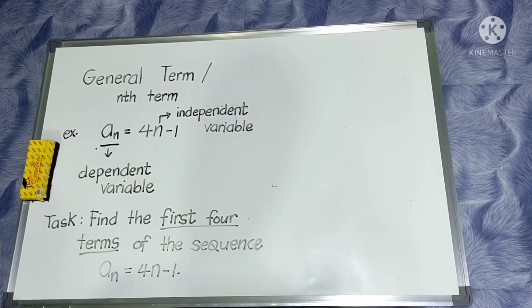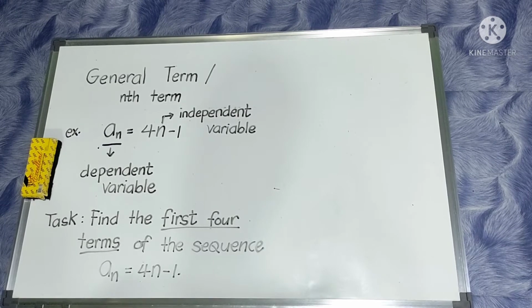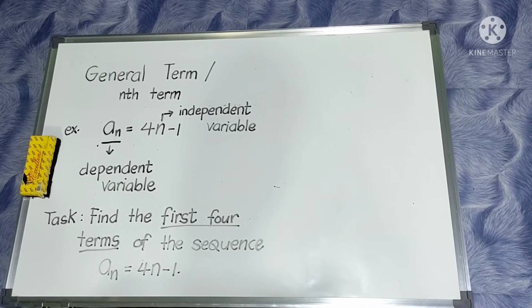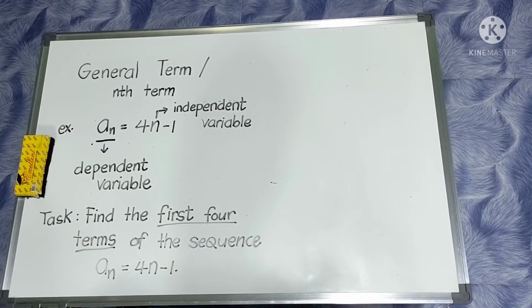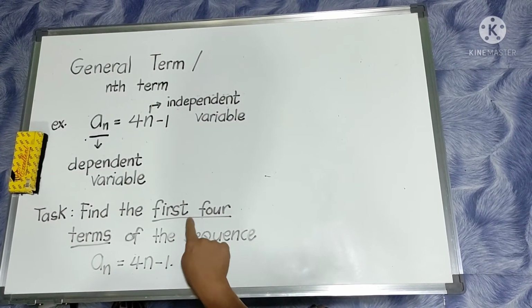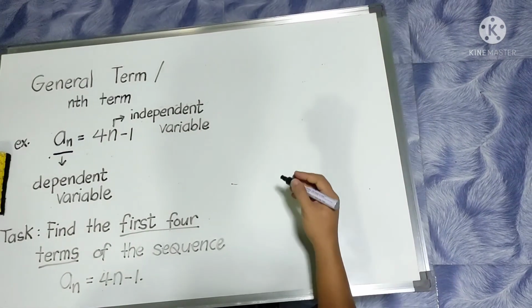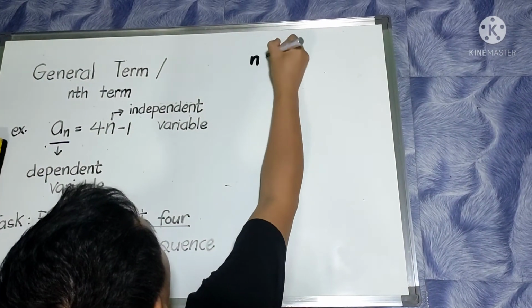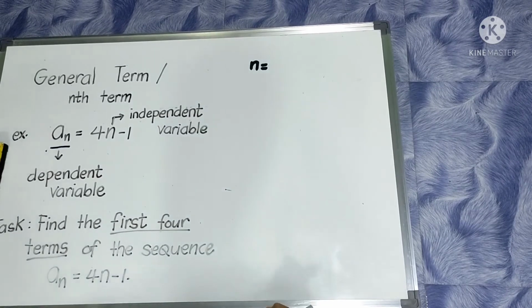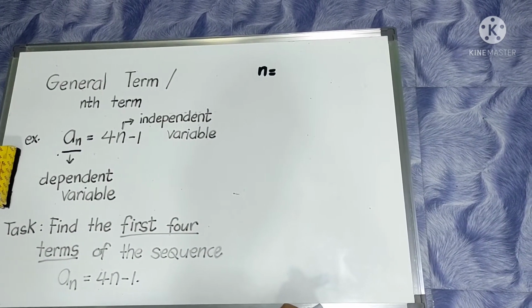Now let us consider this task. Find the first 4 terms of the sequence a sub n is equal to 4n minus 1. So our major task is to find the first 4 terms. So your n would be equal to your first 4 counting numbers.